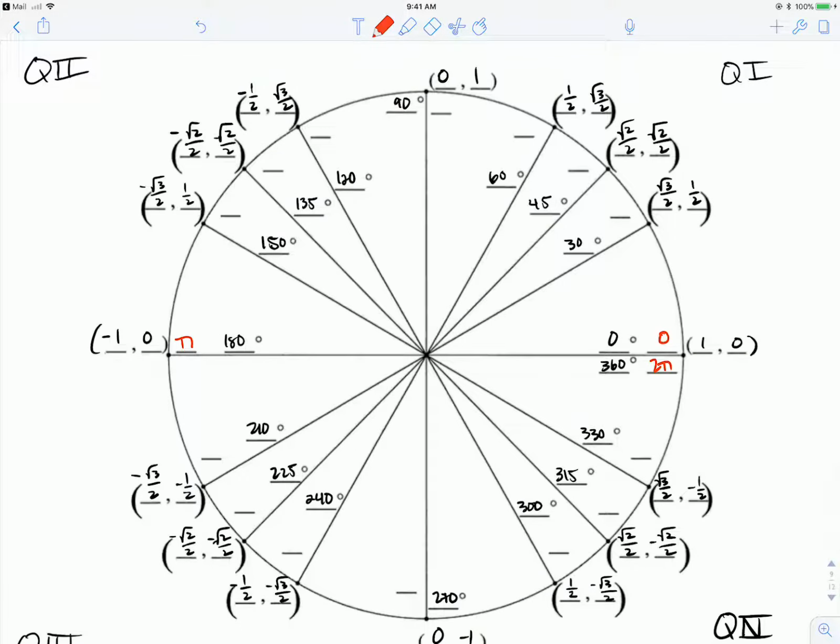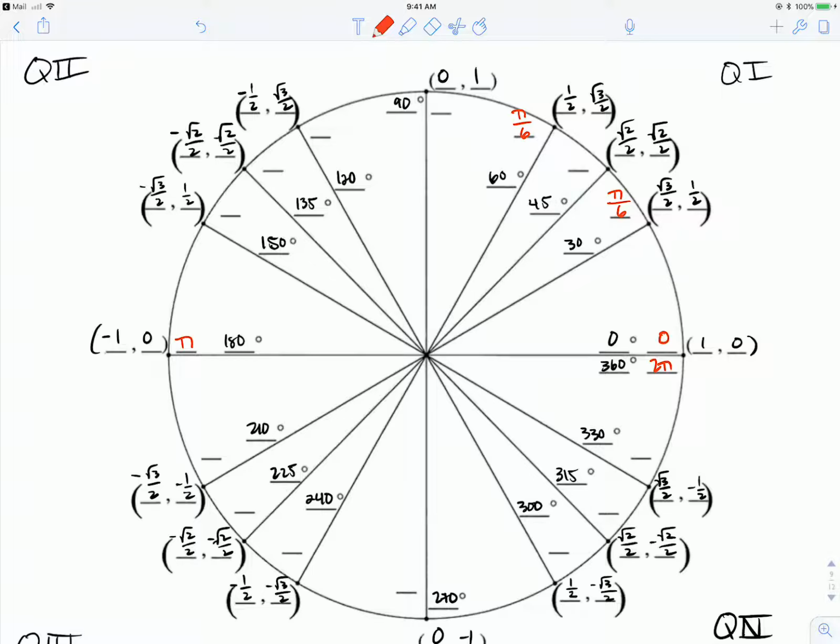Okay, so 30 degrees is 1/6 of 180 degrees. Therefore, 30 degrees is equal to pi over 6. And notice if I add another 30 degrees, or I add another pi over 6, that puts me at 2 pi over 6.